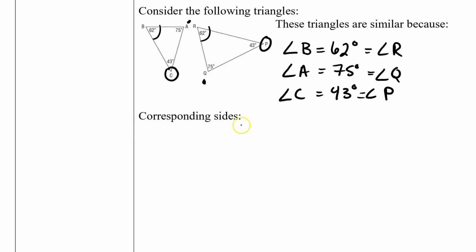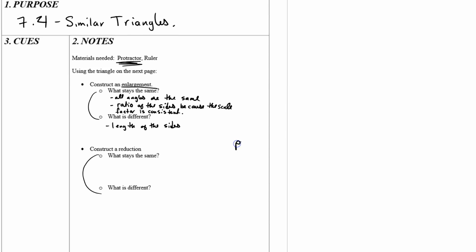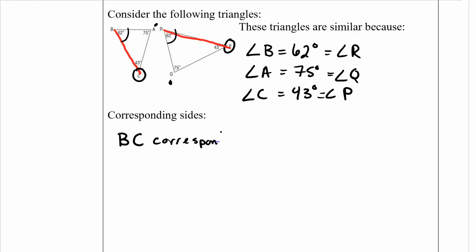So if we're saying corresponding angles, I would say that BC, which goes from 62 to 43, is the same thing as RP. So BC corresponds to RP.